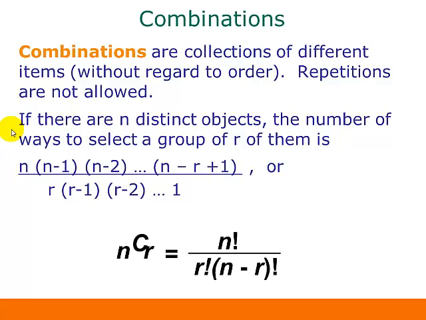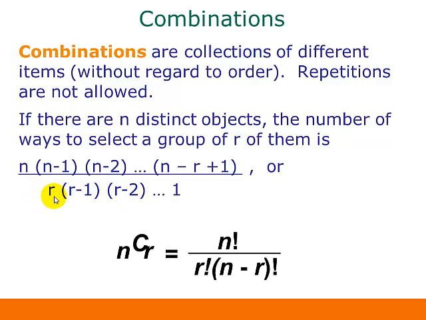So for combinations, if we have n distinct objects, the number of ways to select a group of r of them is n times n minus 1 and so on down to n minus r plus 1. This is, on the top here, the same formula that we had for permutations. But the combinations also have a denominator in this formula, which is actually r factorial.